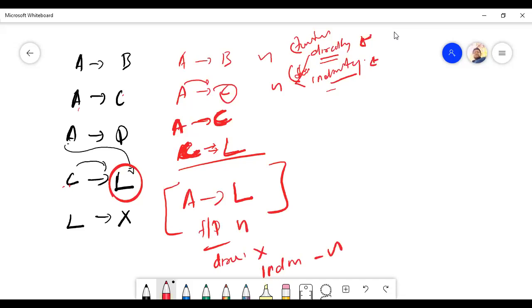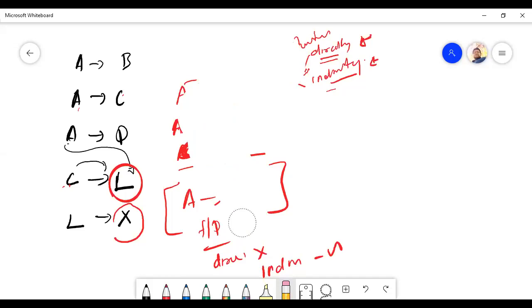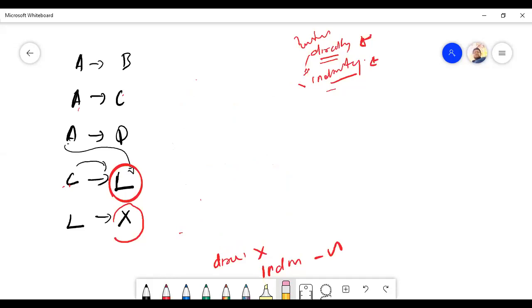Now tell me, if you take X, does it functionally depend on A or not? Yes. How does X functionally depend on A? What is the pathway?